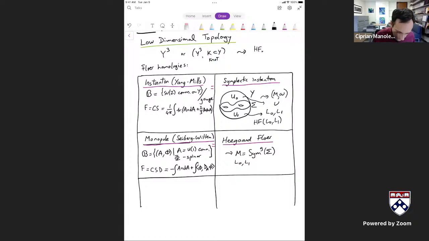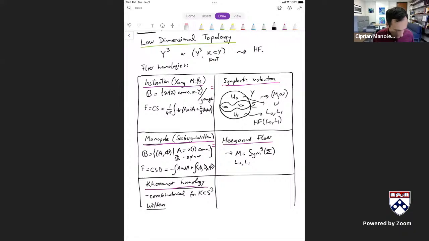And finally, we have Khovanov homology. Originally it was not a Floer homology. It was defined combinatorially, and it's for knots in S3, but it's usually lumped together with Floer homologies because it has very similar properties. And in fact, it should be a Floer homology.